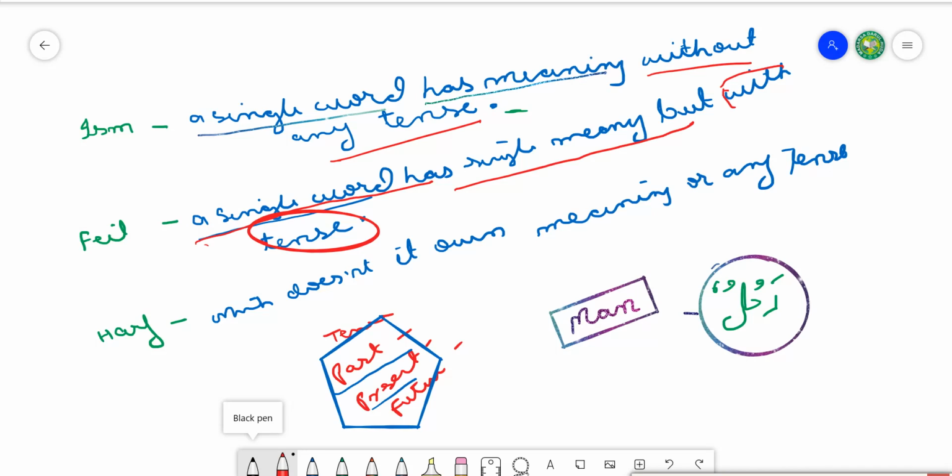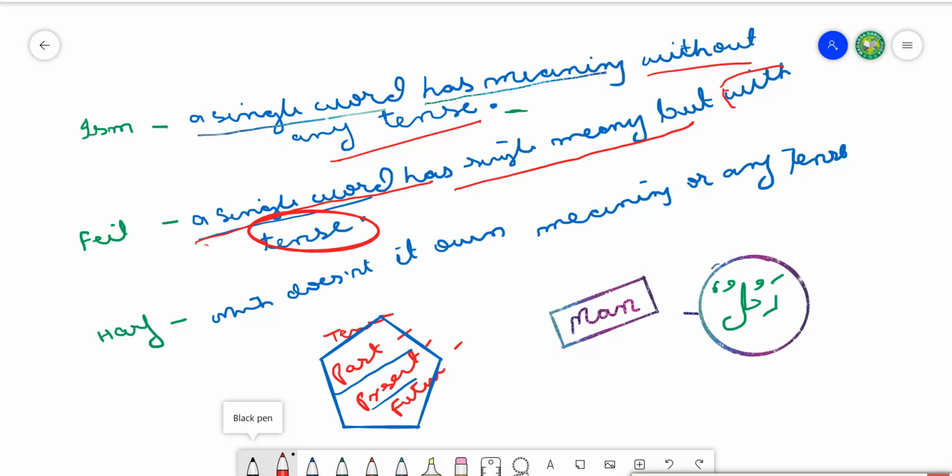In ism there is no involvement of any time, any tense, but in fail there must be an involvement of tense in it. Without tense, a fail will be incomplete, or without tense it is impossible to build a fail. It is impossible to imagine a fail without tense.